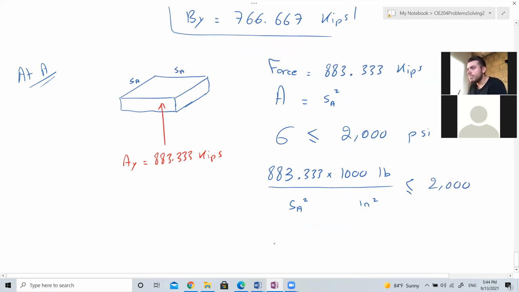So SA is greater than or equal to 21 inches.